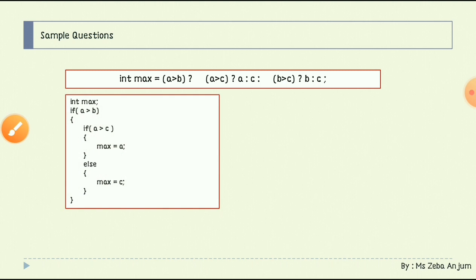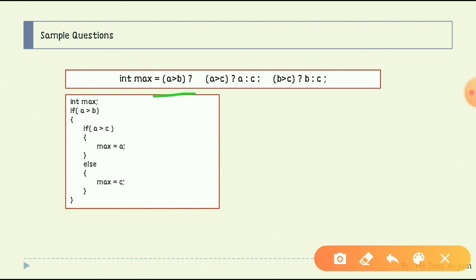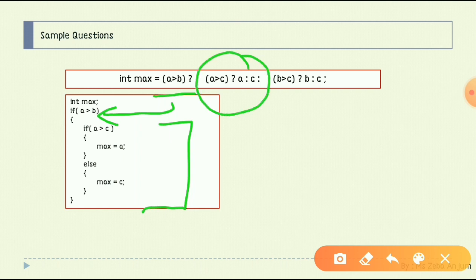See, over here firstly we have defined a variable max. Now the main condition is a greater than b, so we have given you a greater than b in the bigger if statement. Yes, now in this block true condition must be there, and in the question we are having this one as our true condition.